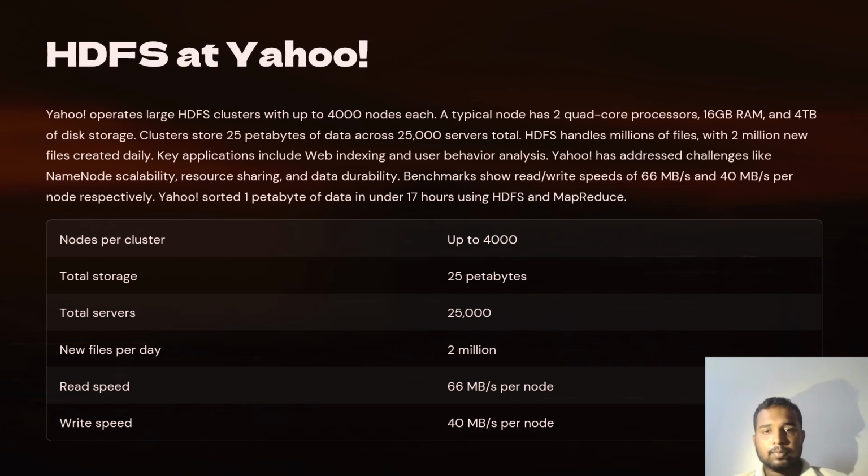Nodes per cluster up to 4,000. Total storage 25 petabytes. Total servers 25,000. New files per day 2 million. Read speed 66 MB per node. Write speed 40 MB per node.